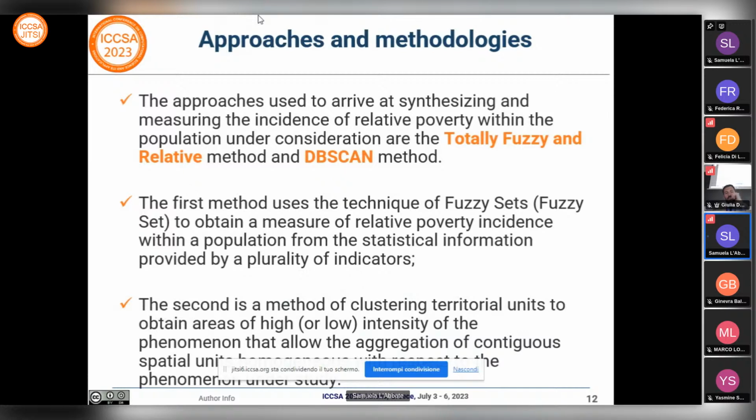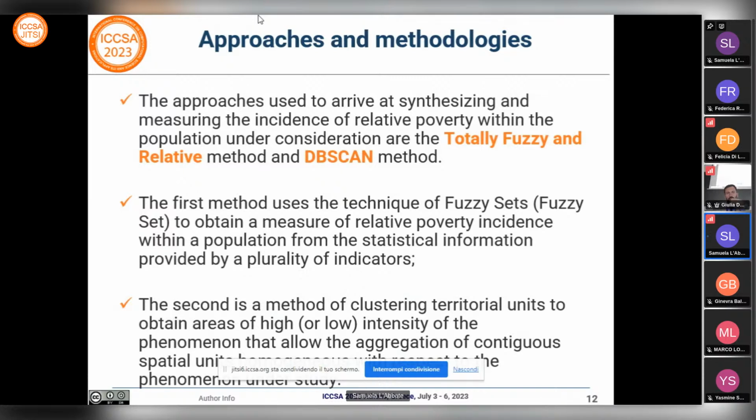The approaches used to synthesize and measure the incidence of relative poverty within the population under consideration are the totally fuzzy and relative method and the DBSCAN method.